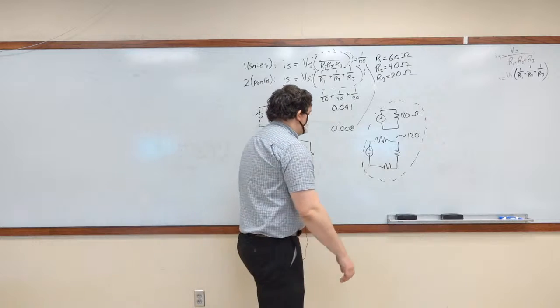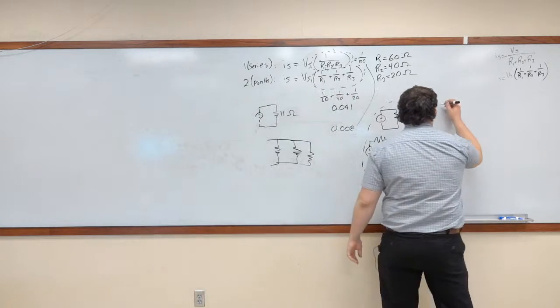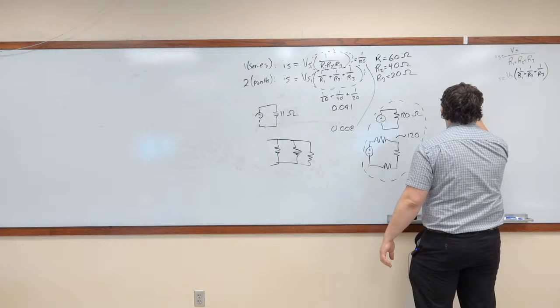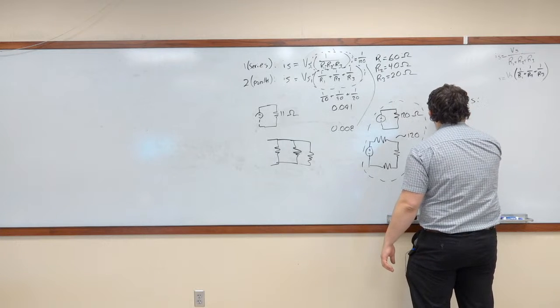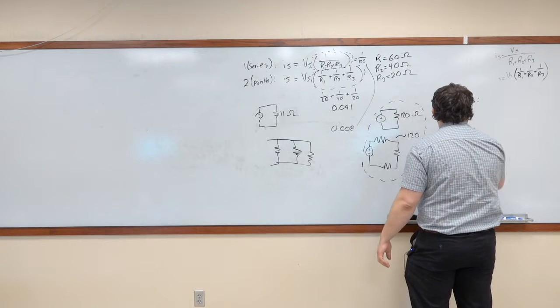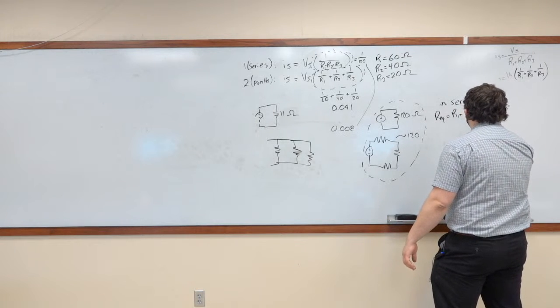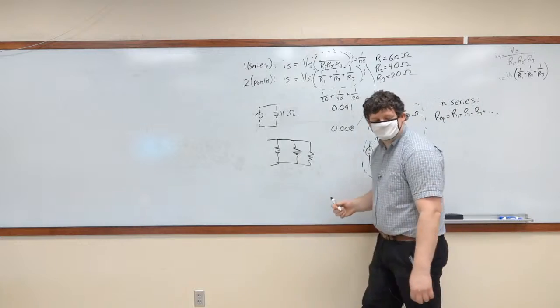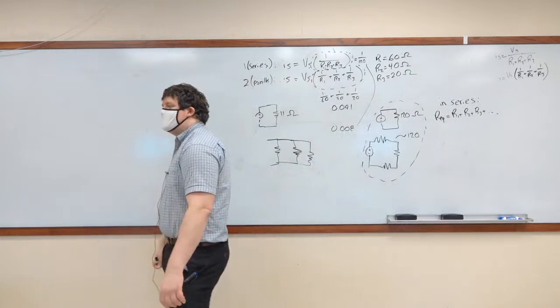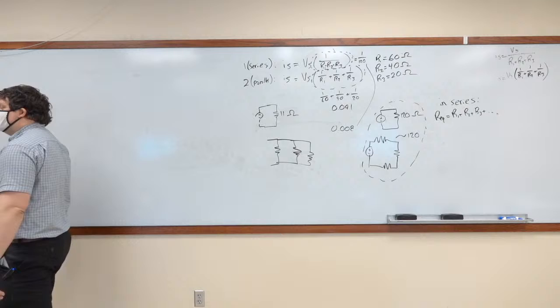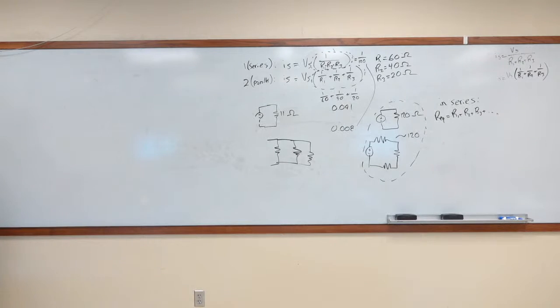So the equation is in series. Equivalent resistance is equal to R1 plus R2 plus R3 plus ... Okay? When components are in series, you can simply add them and come up with one single resistor that is equivalent.